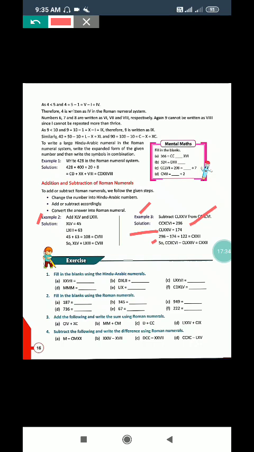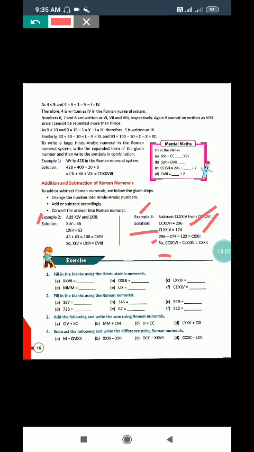Now we have to write this number in Roman numeral form. 122 would be written as CXXII because C equals 100, X and X equal 10 plus 10, 20, and II is equal to 1 plus 1, that means 2. So 100 plus 20 plus 2 is equal to 122.